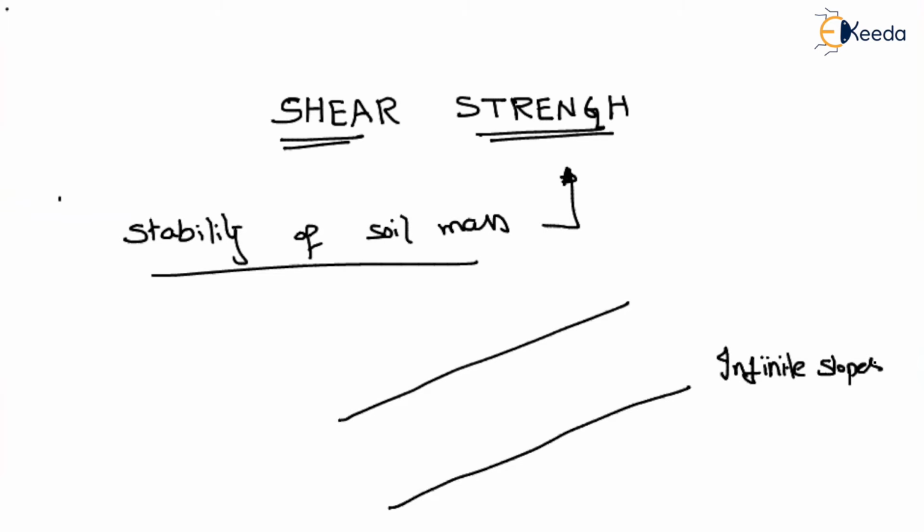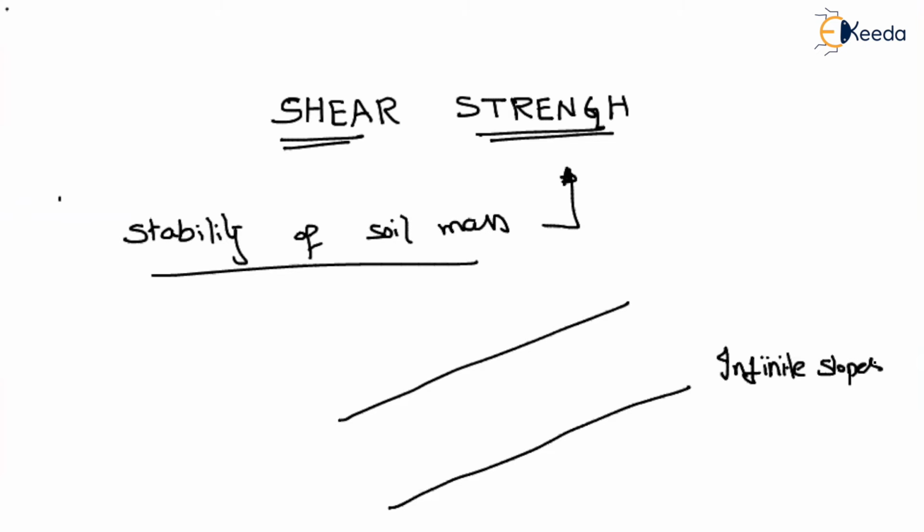That means depending upon the natural condition, like whether seepage is occurring, whether the entire slope is under submerged condition, or whether the soil is under dry condition, we have to estimate whether failure of the slope will occur or not.